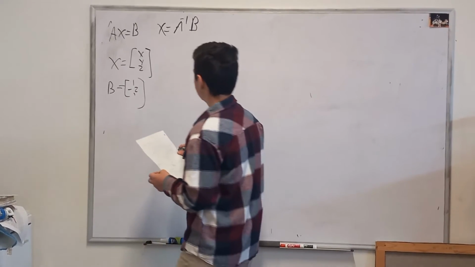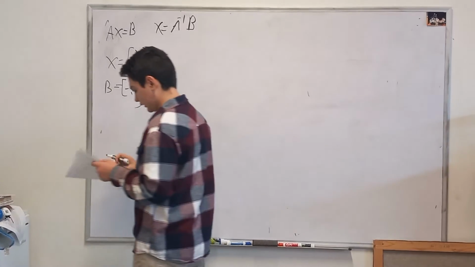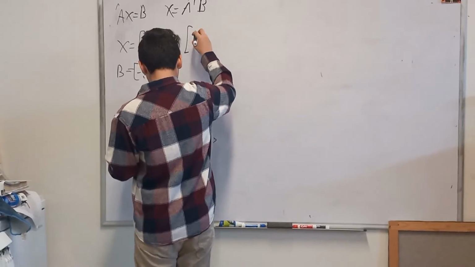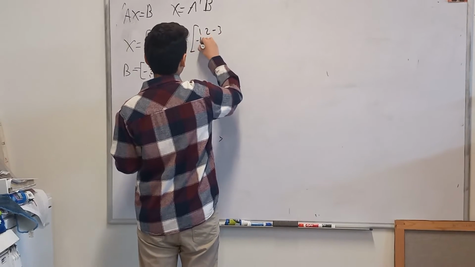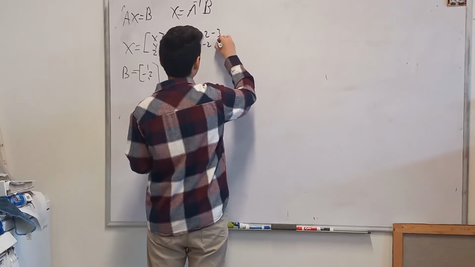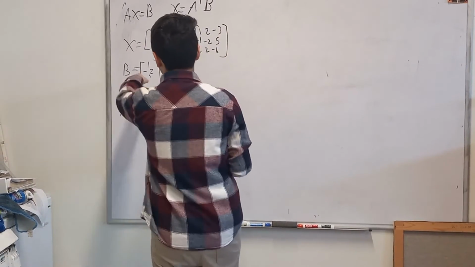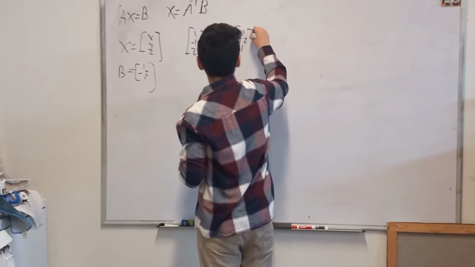We already solved A inverse, which is 1, 2, negative 3, negative 1, negative 2, 5, 2, 2, negative 6. And then we have B here, which is 1, negative 2, 1.